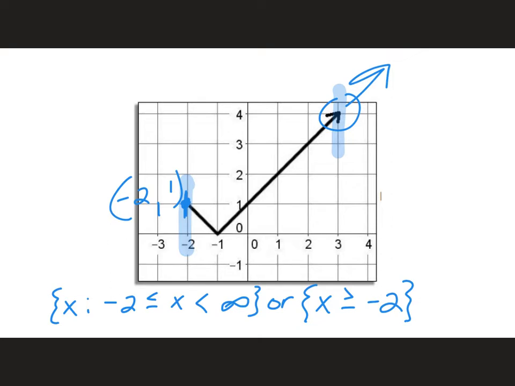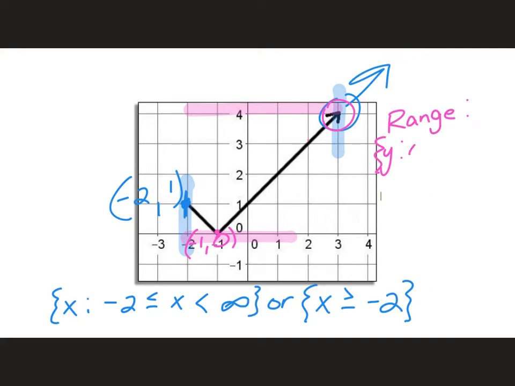Now let's switch to the range. Range is bottom up. In this case, the least value we have here is 0. So the point is at -1, 0. That's what this is. And then again, we have an arrow, so that means it's going to continue up. So when I go to do my range, I have y as my variable.